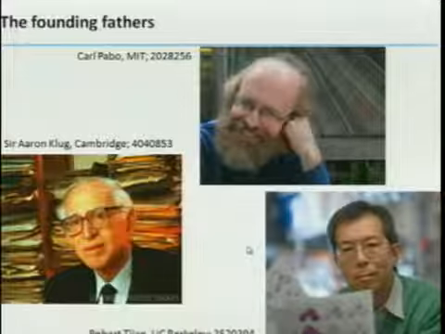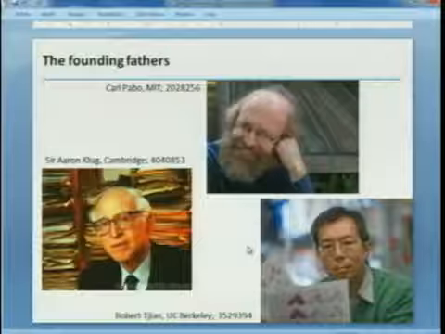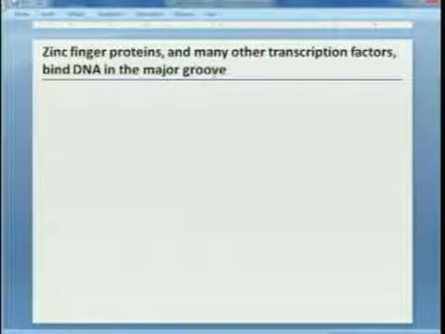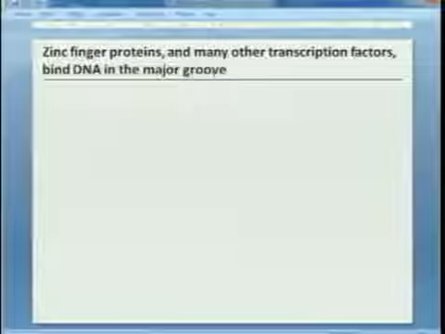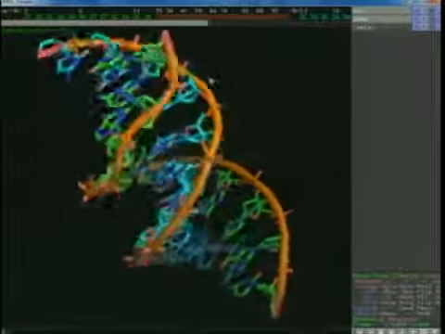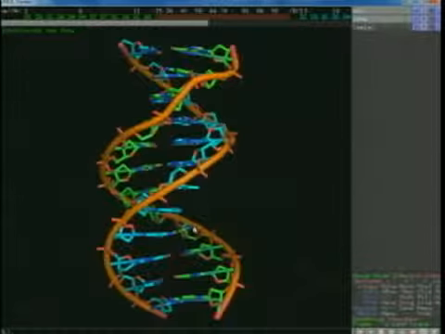Without further ado, let me first remind you of what this statement means. Zinc finger proteins and many other transcription factors bind DNA in the major groove. Excuse me, where is the major groove? DNA. I'm going to rotate it sideways, and I've done this for you once before.